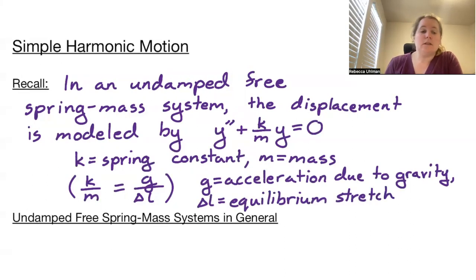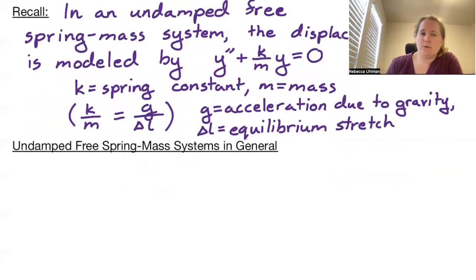So let's just consider an undamped free spring mass system in general. So we have y double prime plus k over m y is equal to 0.